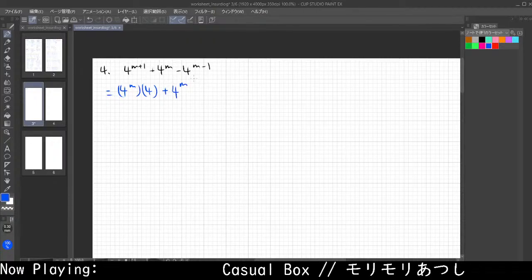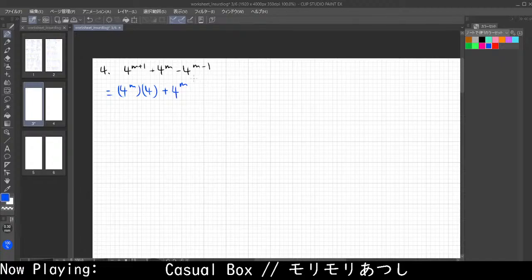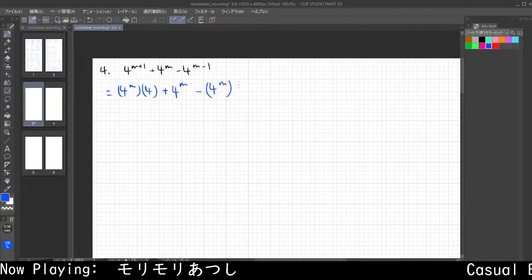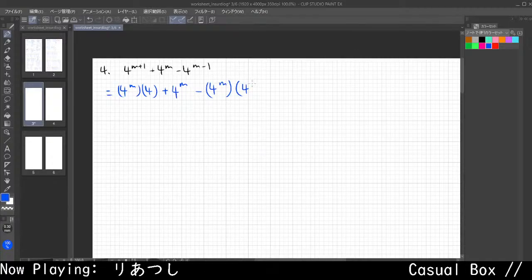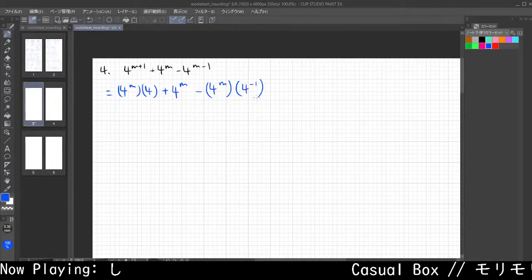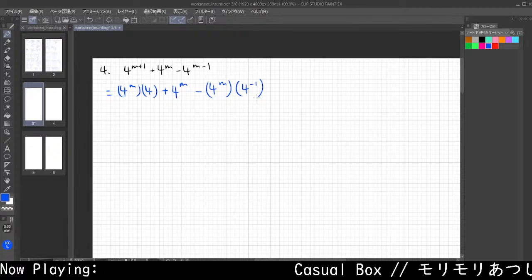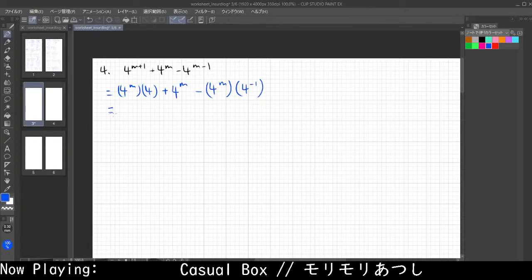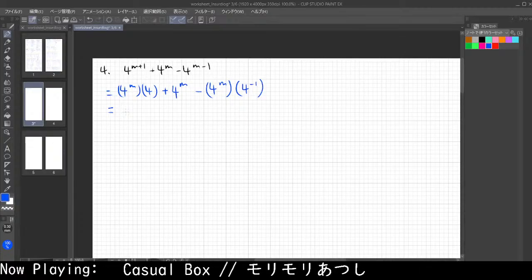You don't have anything attached to the m power, so you just leave it alone. Minus 4 to the m minus 1, you split it into m and minus 1. So you have 4 to the m times 4 to the negative 1 power. So we have this. Now what you want to do is as follows.